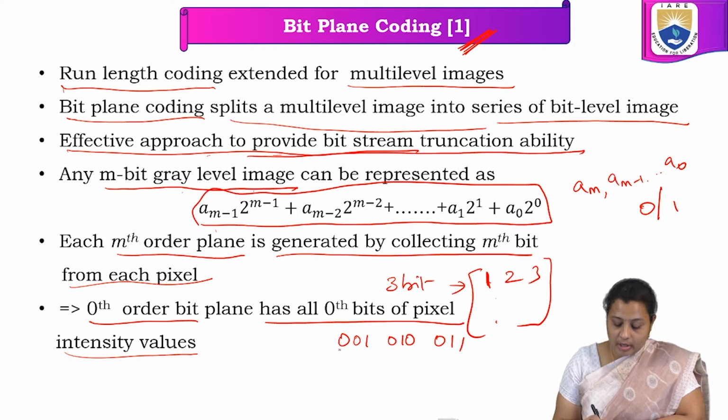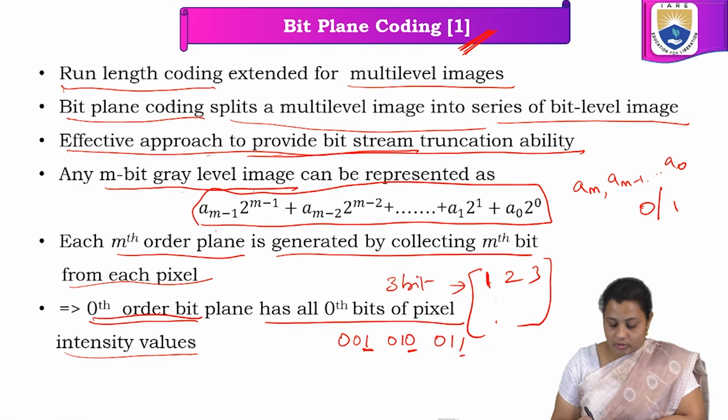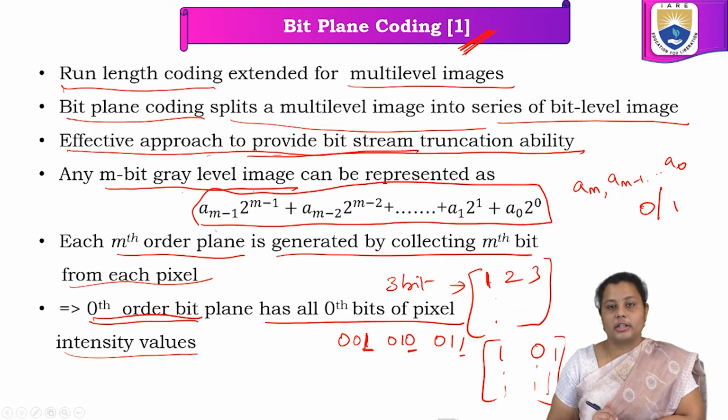So what am I doing? I'm considering my 0th order plane. I take all the 0th bits of the pixel intensity values, that is 1, 0, 1, so I write it as 1, 0, 1, and so on for the rest of my intensity values.